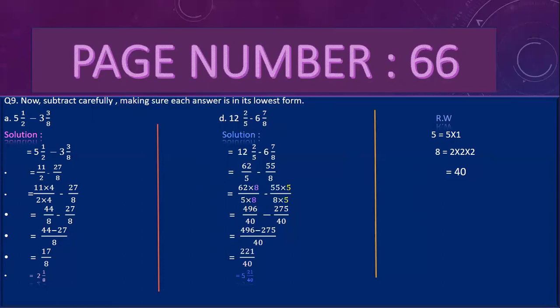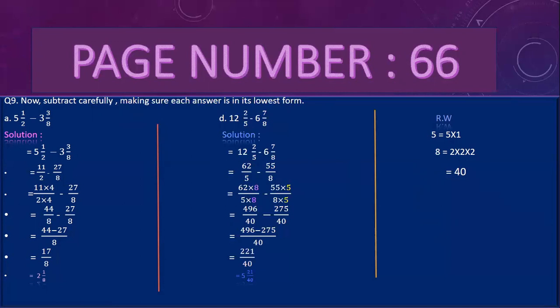So the first fraction becomes 44 over 8 minus 27 over 8. Both denominators are the same. Subtracting the numerators directly, we get 17 over 8. Now 17 over 8 is an improper fraction, so we convert it into a mixed number.